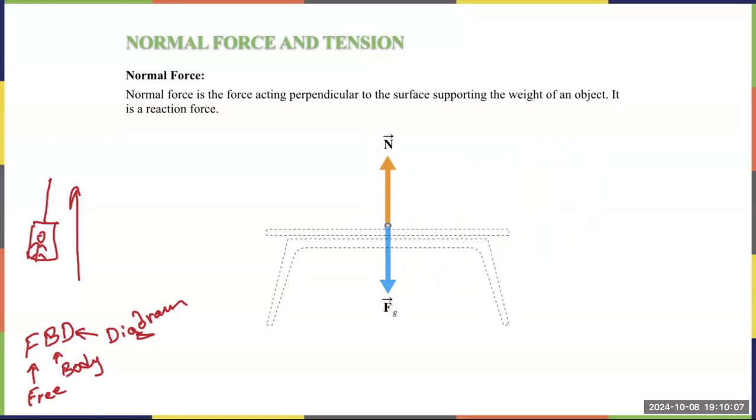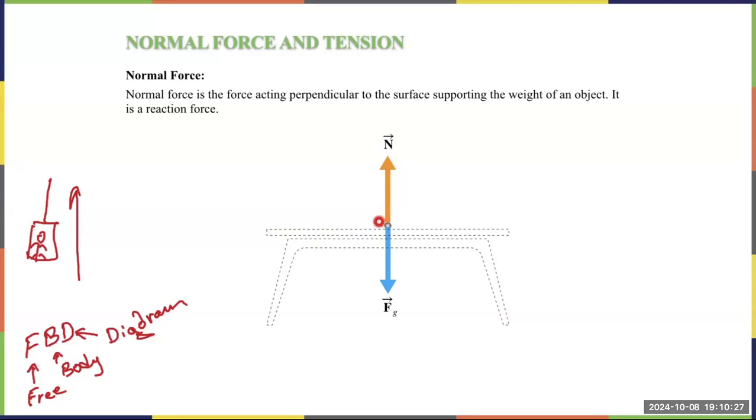And also, when we are making a free body diagram, you are only going to draw the forces acting on that object. You are not drawing any forces that are exerted by that object. Only forces acting on that particular object of your interest.